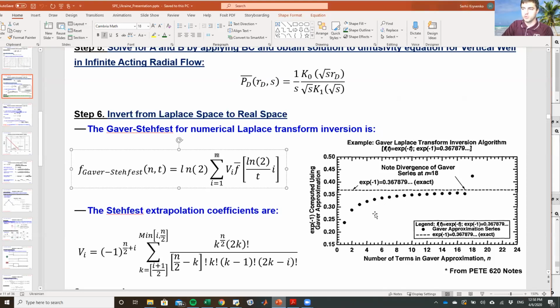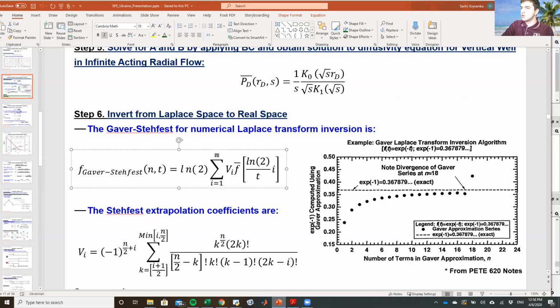For each specific problem, this number is going to vary. You may think that increasing the terms in the Gaver approximation will lead to a better solution, but this is not the case. As you can see here, we are converging to our exact solution, but suddenly we have a divergence of our solution when n is equal to 18, so it's not matching our exact solution.